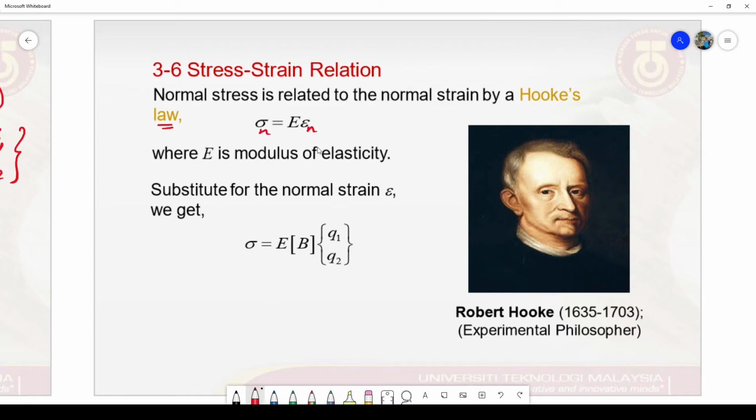We know that the strain, as we derived just now, is given by B multiplied by Q. Then in order to relate the strain to the stress, we include the material information, which is the modulus of elasticity, in our equations to obtain the normal stress equation.